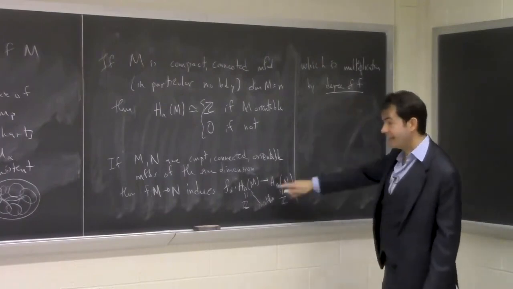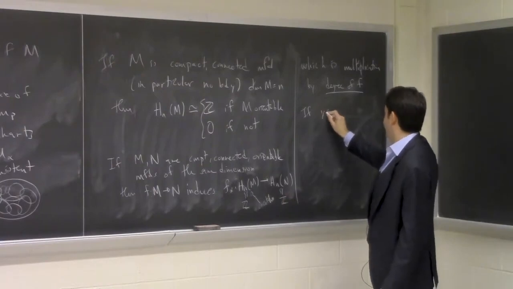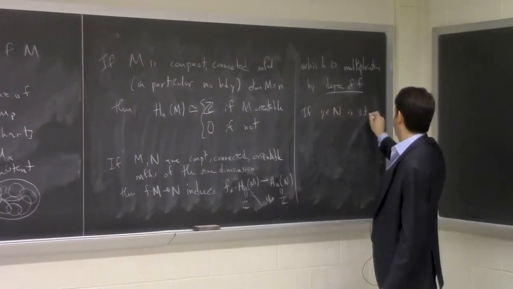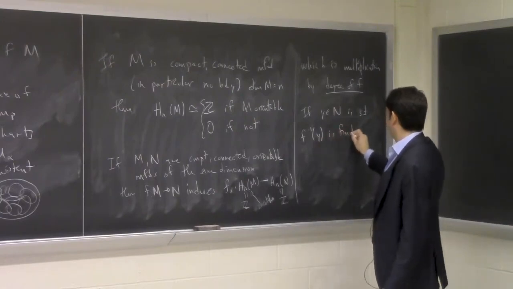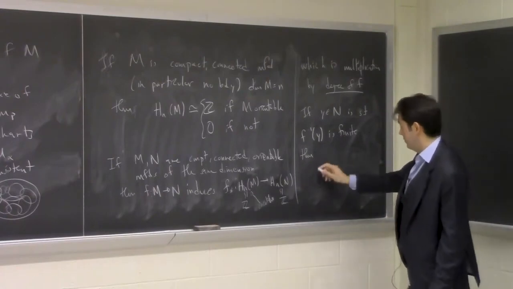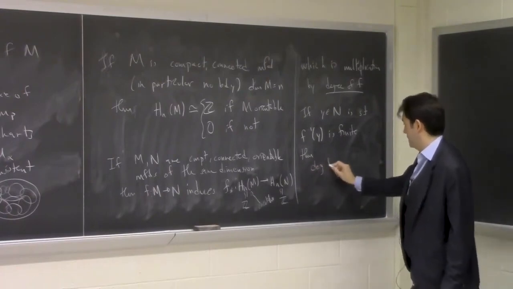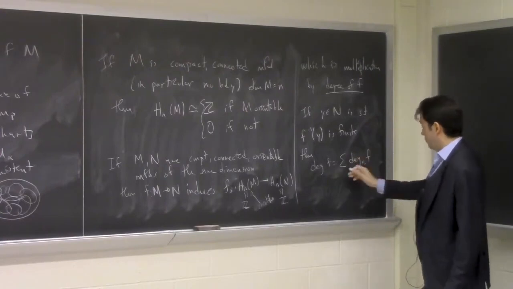And again, if you're in the fortunate setting where y in N is such that f inverse of y is finite, then you get local degrees, and the degree of f is equal to the sum of the local degrees, with the same proof.